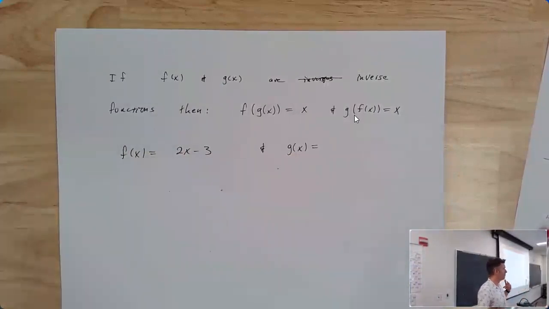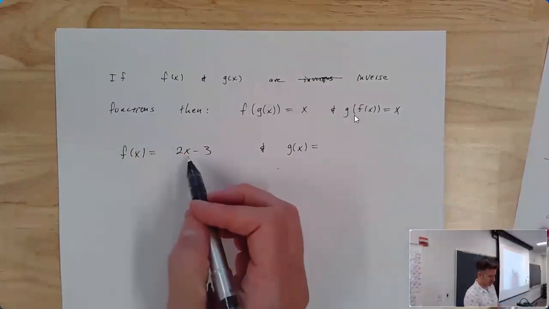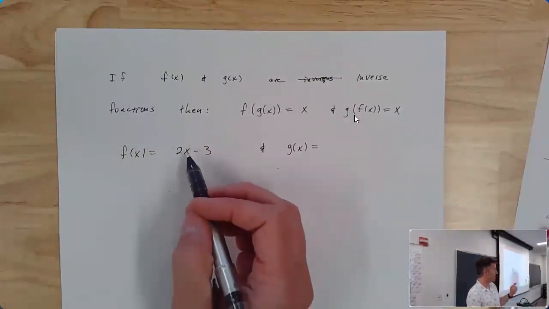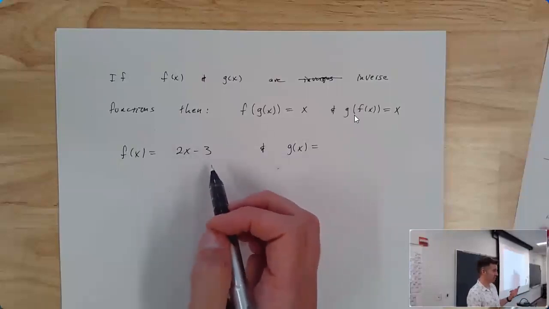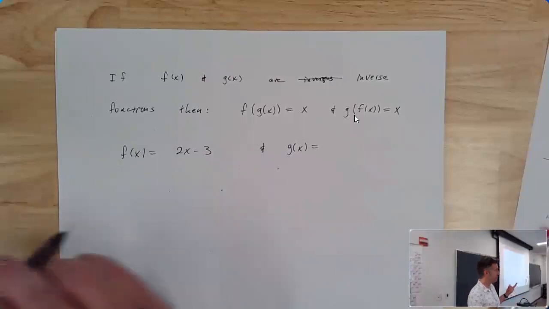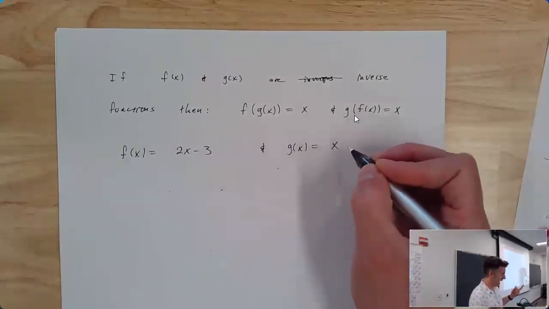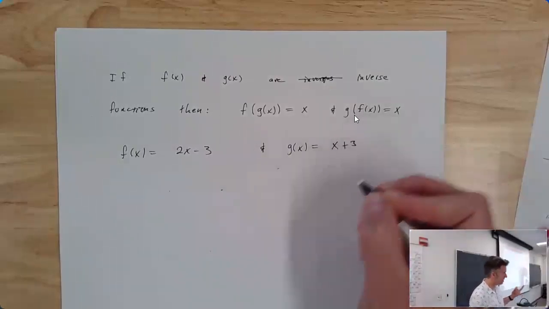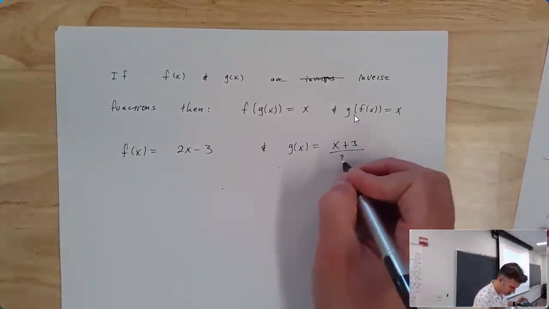To invert an easy function, you try to do the opposite things in the opposite order. This first function takes your input and first multiplies it by 2, then subtracts 3. So I want to undo that in the opposite order, meaning I'm going to first take my input and add 3, and then take that and divide by 2.